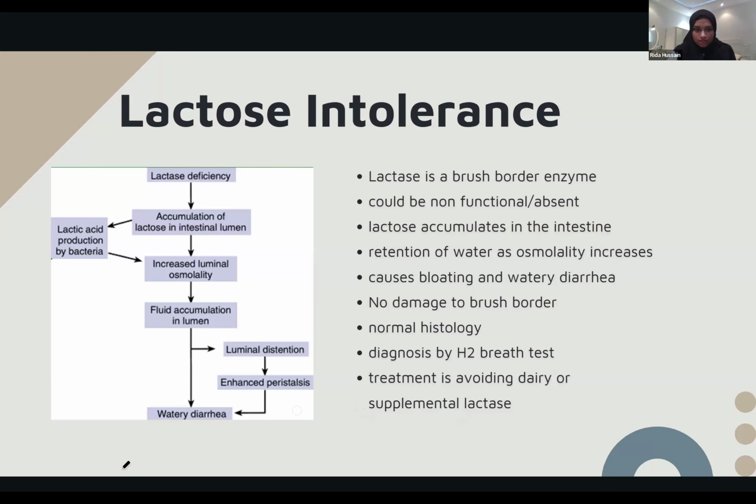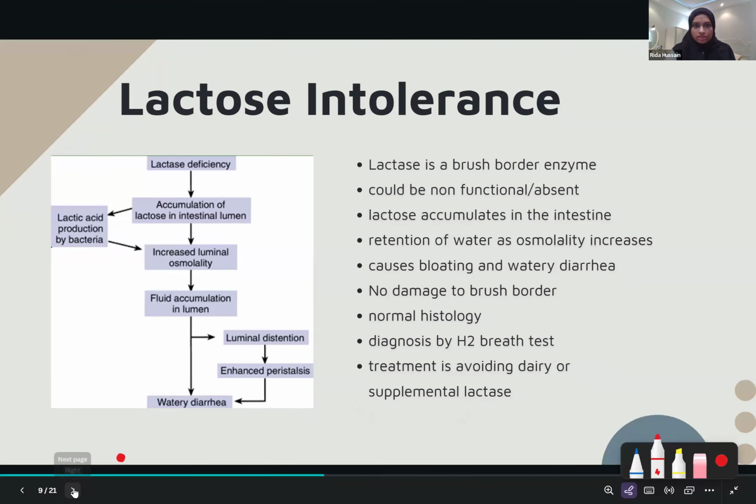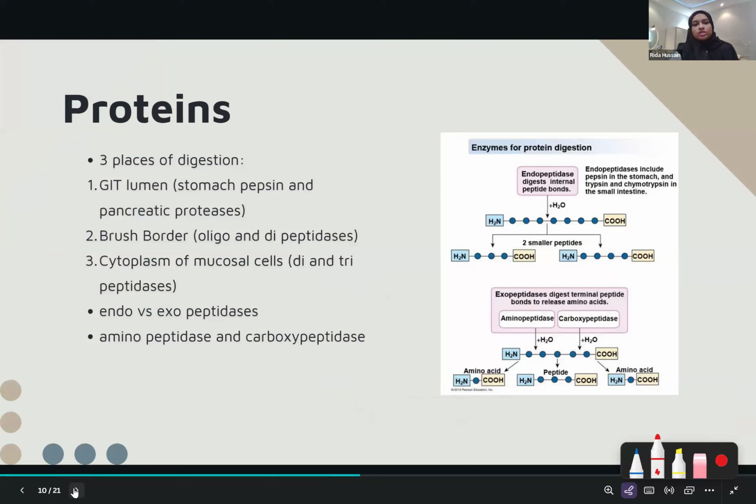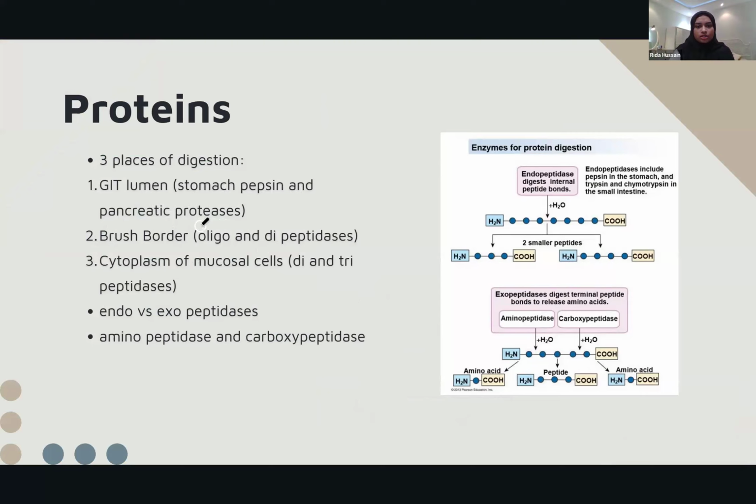Moving on, we will be talking about proteins. Now, proteins have three main places of digestion. So I told you carbohydrates, the digestion starts in the mouth itself. Proteins, it actually starts in the GI lumen. So it is exposed to stomach pepsin and pancreatic proteases. Pepsin specifically digests or breaks down collagen.